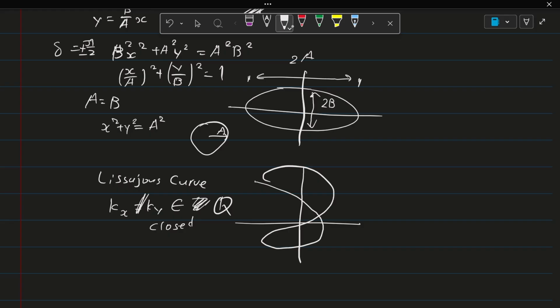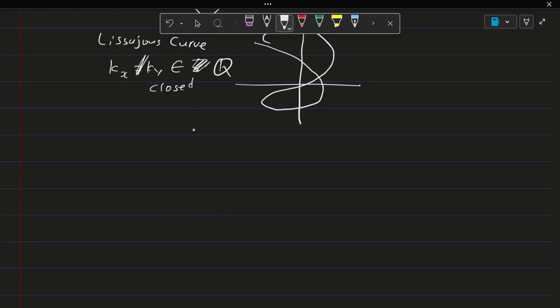We can now try to talk about the phase diagram. The phase diagram is something that describes the motion of a one-dimensional oscillation. So this is 1D, but instead you plot the position and the velocity.